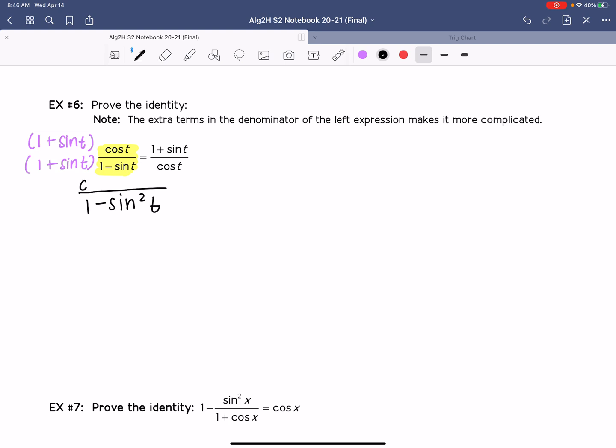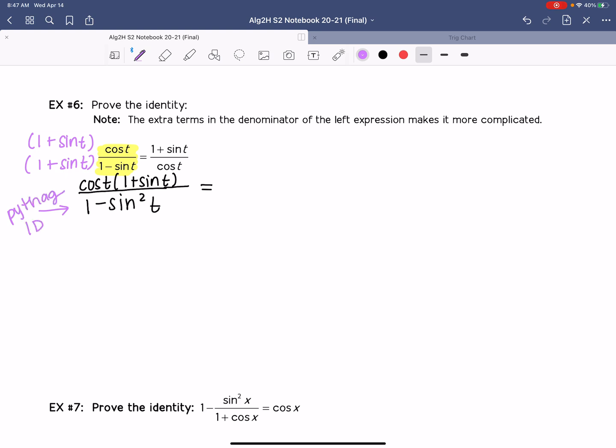Cosine of t times 1 plus sine of t. I don't want to distribute this because if I look at my other side, there is this 1 plus sine of t. So now we have 1 minus a squared term, so this is a Pythagorean identity.